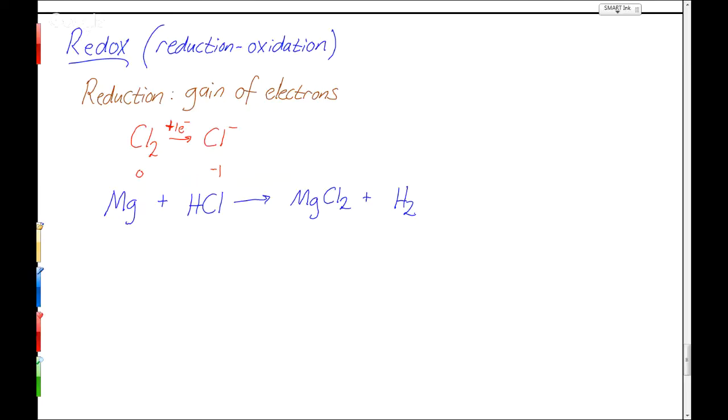Okay. So this is what's known as a redox reaction, meaning that something is undergoing reduction, is gaining electrons, and something is undergoing oxidation, which is losing electrons. So I guess we should put that up there too. Oxidation.